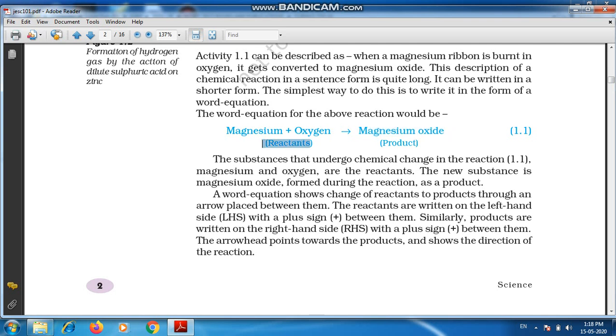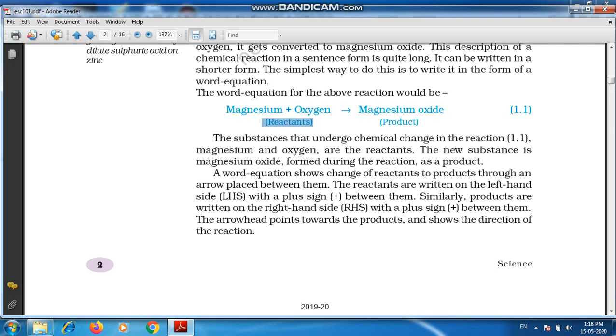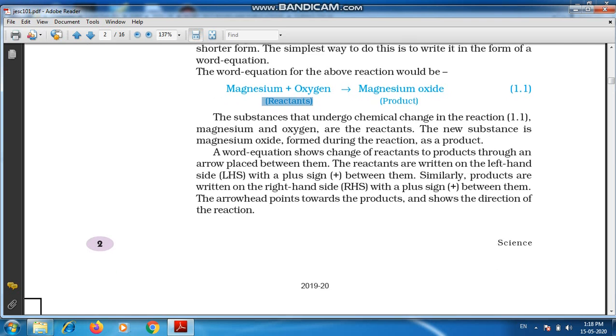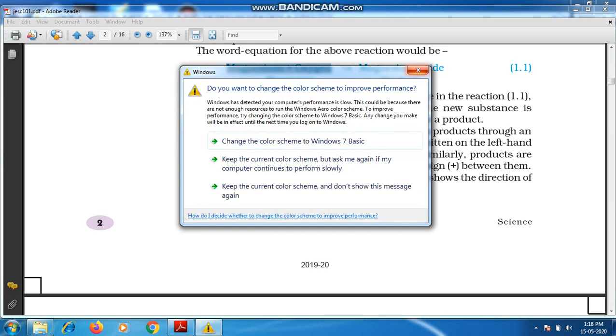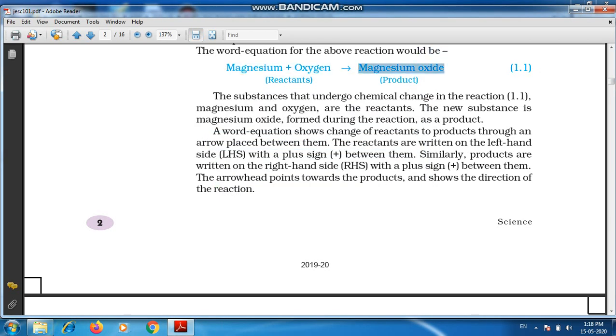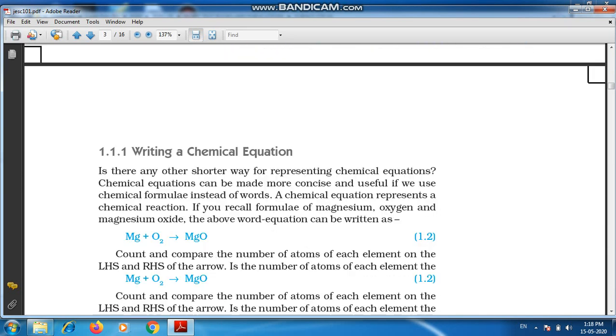These are reactants. Magnesium and oxygen are the reactants and magnesium oxide is the product. So this way the chemical equation can be represented. In this equation, this side is the reactant side, this side is the product side. So what is the product? Magnesium oxide.